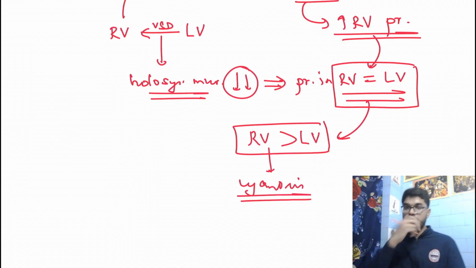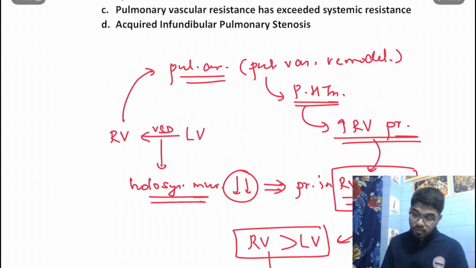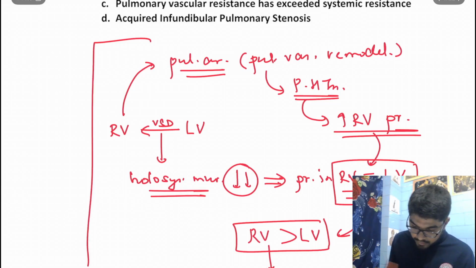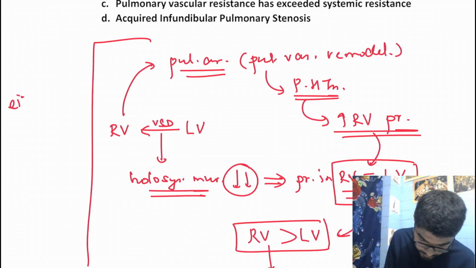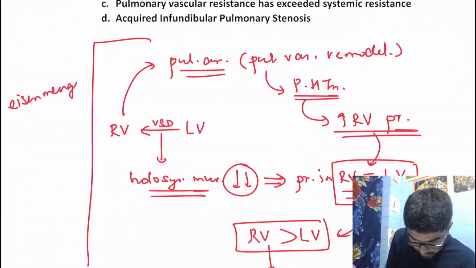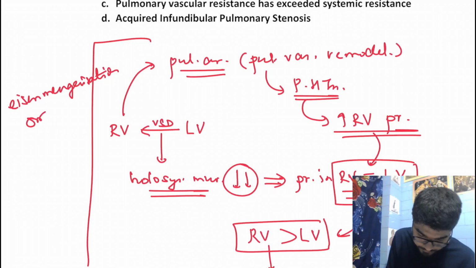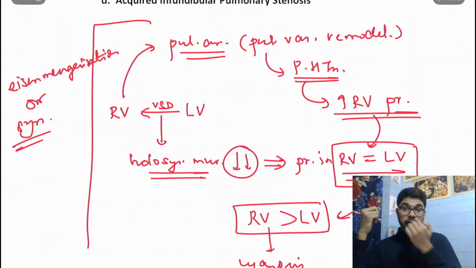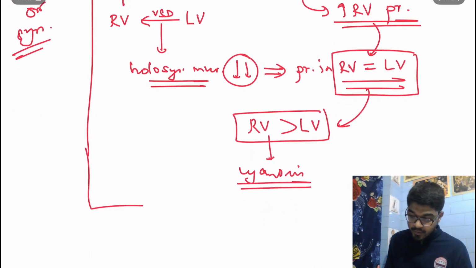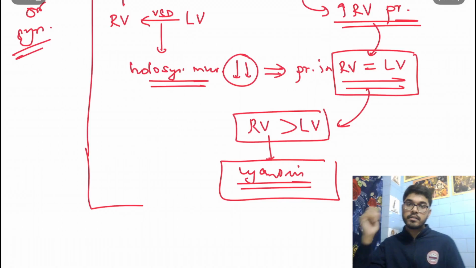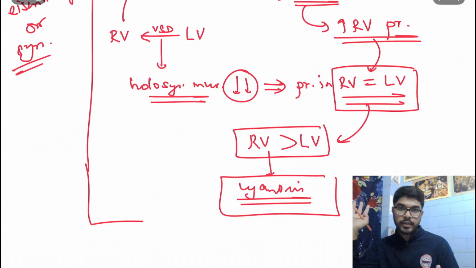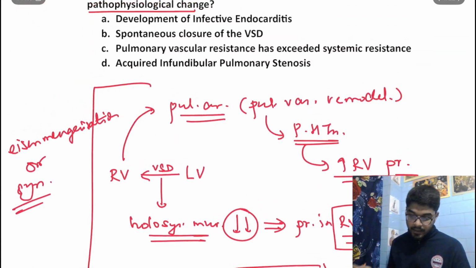This whole thing that we discussed is known as Eisenmengerization or Eisenmenger syndrome. Okay. That an acyanotic heart disease is converting into cyanotic heart disease due to pulmonary remodeling with the development of pulmonary hypertension. Okay. This is a very important concept.